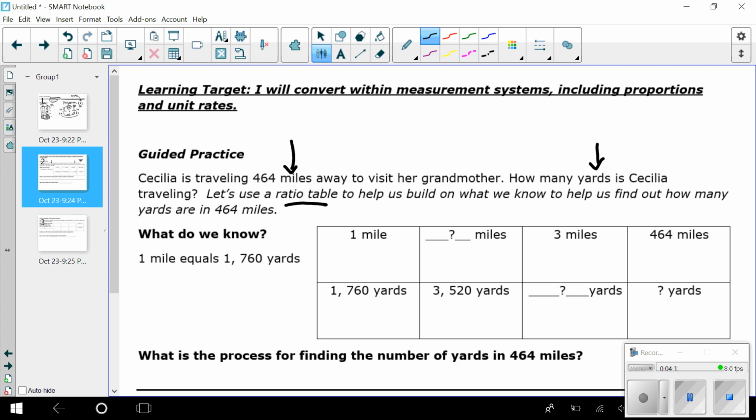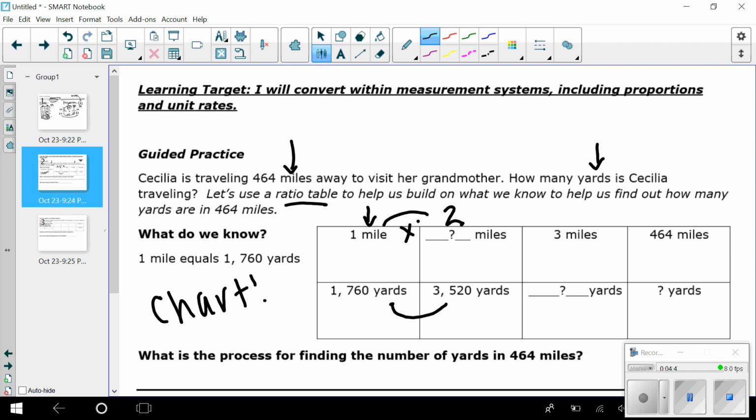Okay? So what I know is that my first relationship, and this is what you're going to find on your measurement chart right here, that 1 mile is equal to 1,760 yards. Okay? Where do I find that? On your chart. And you should all have one of these in your folder. So that means, how do I get from here, right, to here? Because we want this to be what? Well, if this is 2 miles, right, how did I get from here to here?